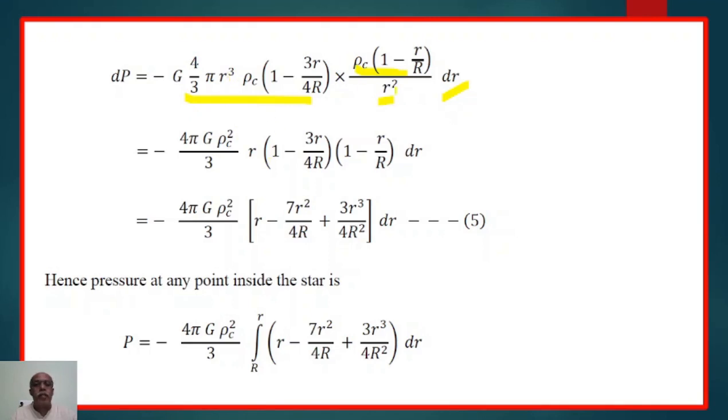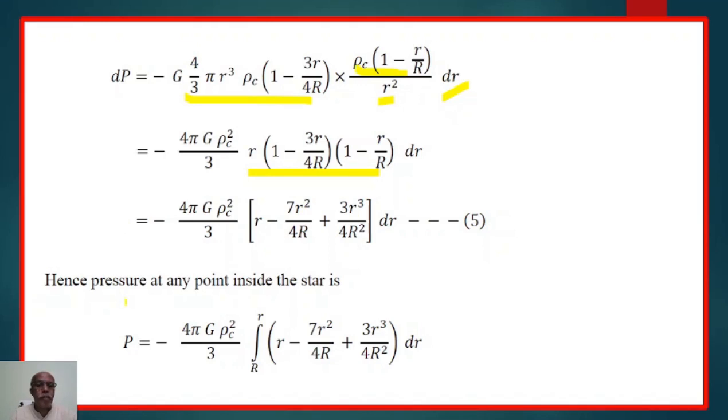R cube gets cancelled with r square, therefore it is r into (1 minus 3r by 4R) into (1 minus r by R) into dr. It is therefore equal to minus 4 pi G rho c square by 3, which is a constant, and on multiplying these three terms, we get (r minus 7r square by 4R plus 3r cube by 4R square) into dr. And this is the expression for dP.